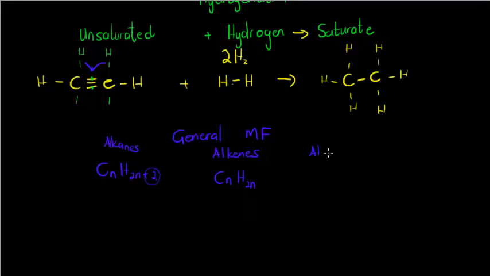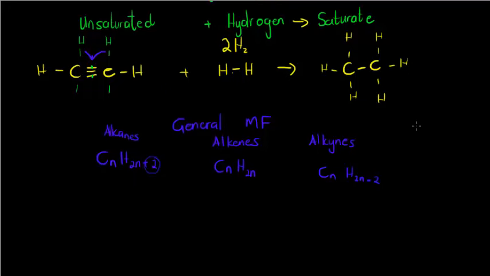So for alkynes, we will lose another 2. So for every carbon, we will have 2 hydrogens, but we will subtract 2 in the end. So just to show you that this is the case, here we've got 2 carbons, so we've got C2, and if we multiply 2 with 2, we get 4 minus 2, which is 2.